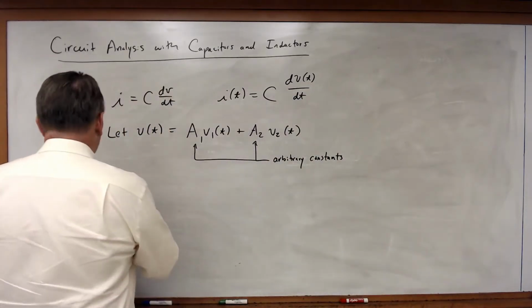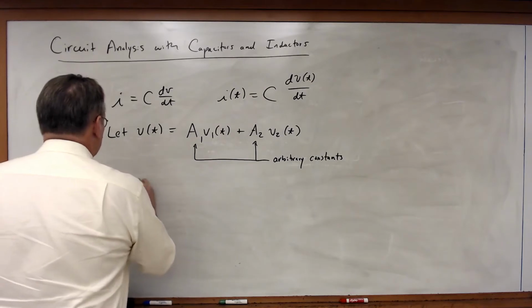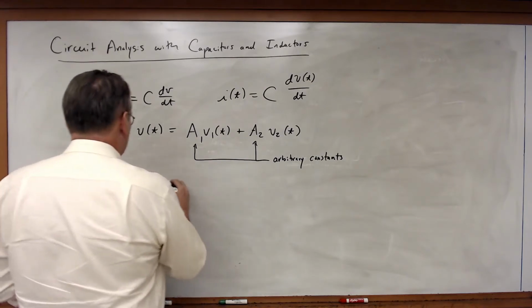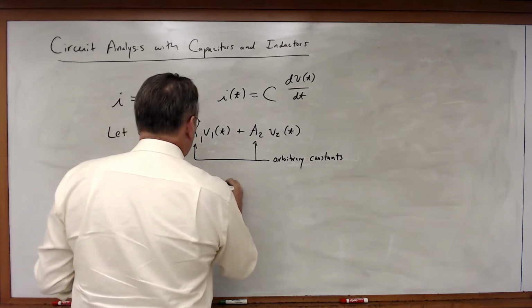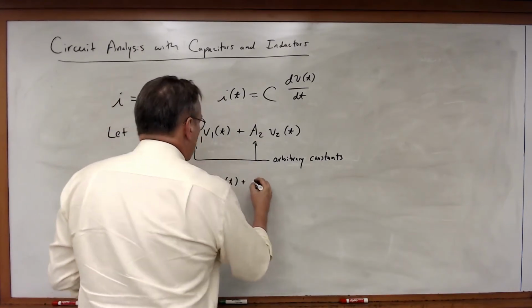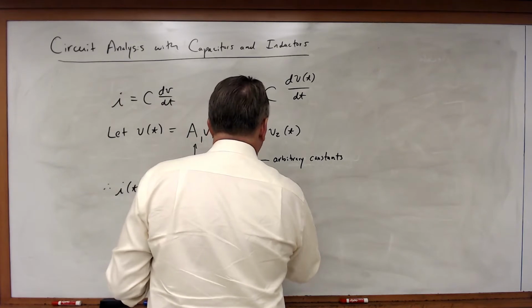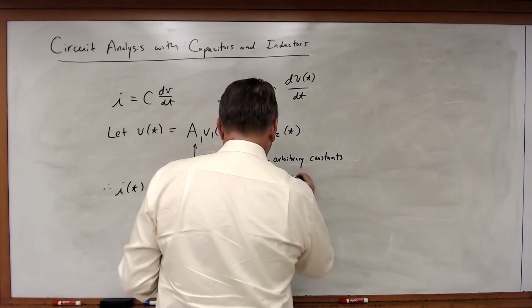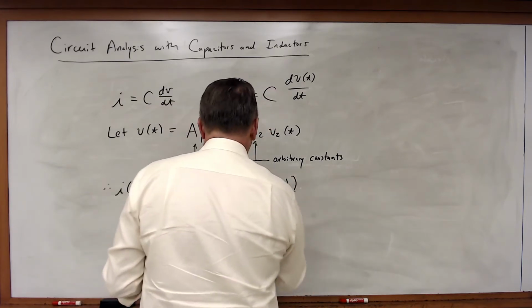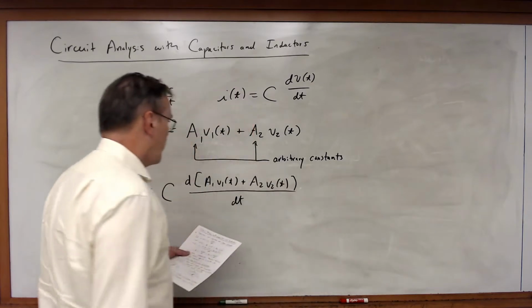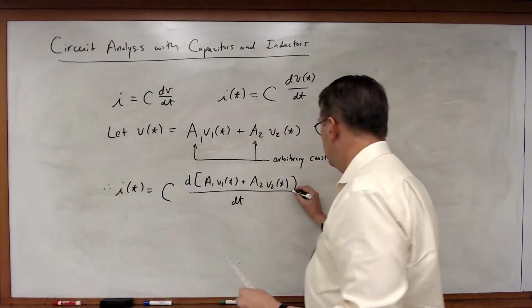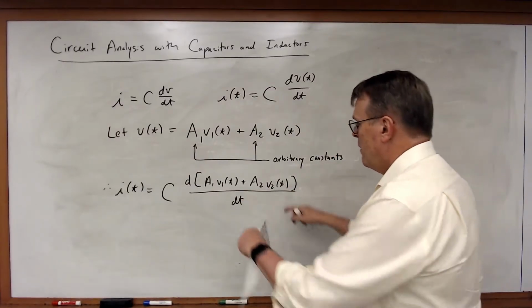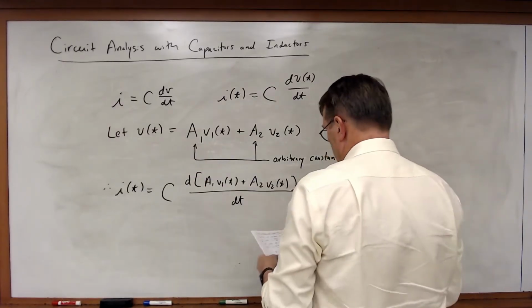What we get then is that i(t) is equal to C times the derivative of A1 v1(t) plus A2 v2(t), dt. And if we take this derivative, we can break this into two parts.